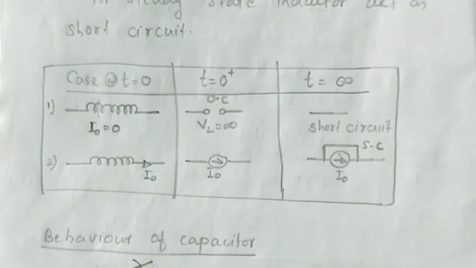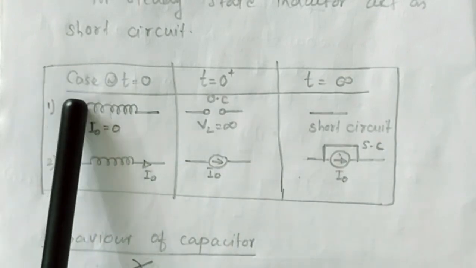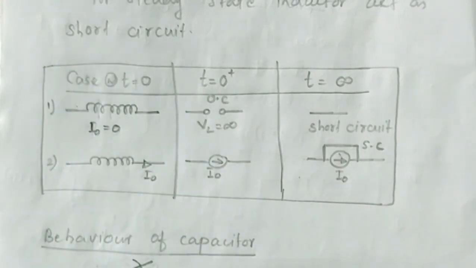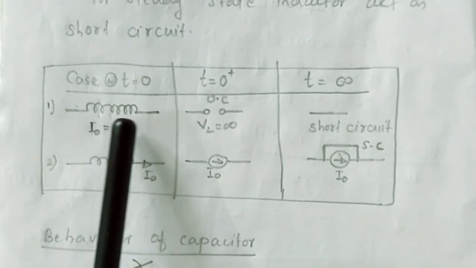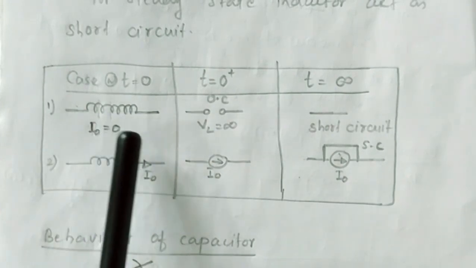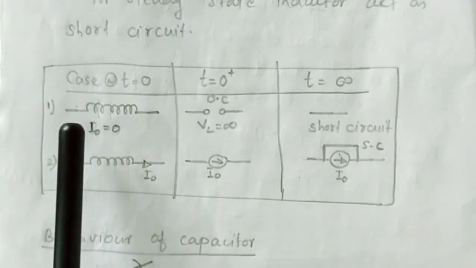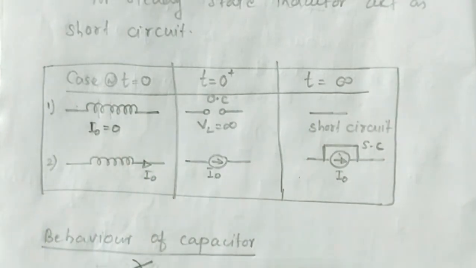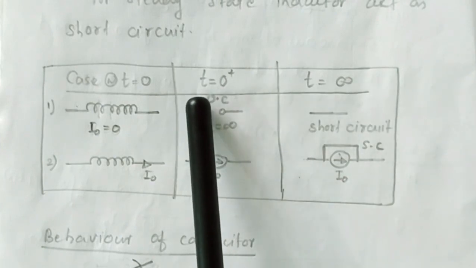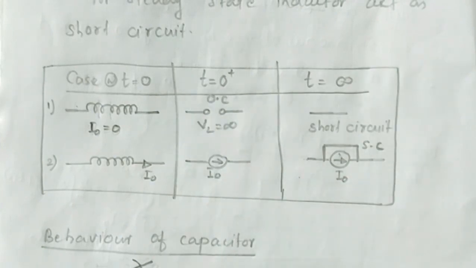Now let's conclude the conditions which we got in the inductor case by means of this table. So this is case 1, that is initial conditions of the system. Initially the current through the inductor may be 0 or it is having some value I0. So corresponding to no initial current, immediately after switching, that is t is equal to 0 plus, VL is equal to L into di by dt, dt tends to 0, therefore VL becomes infinite.